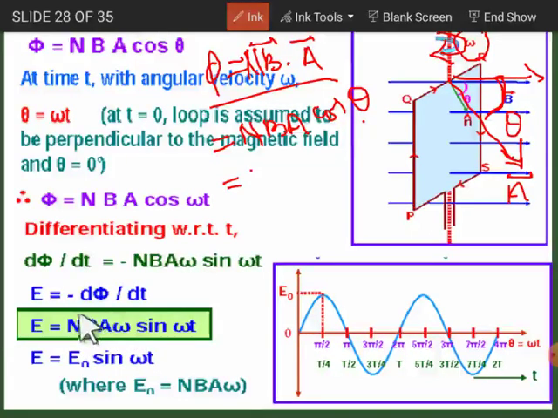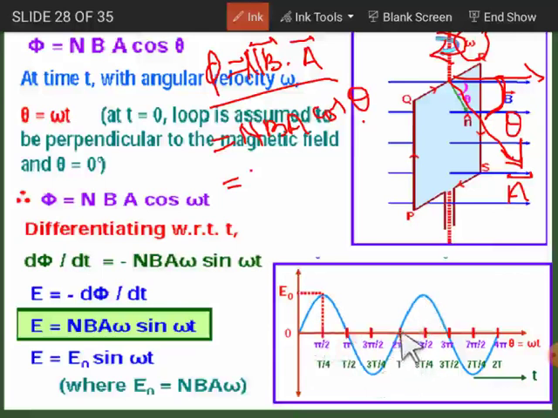So let's denote all these as E naught, where E naught is the peak value of the EMF. Then your instantaneous EMF E is equal to E naught sine of omega t. This is the instantaneous EMF of AC. Moreover it is sinusoidal, and so the sinusoidal function can represent alternating current. We have already learned about that, and your EMF can be represented like this.